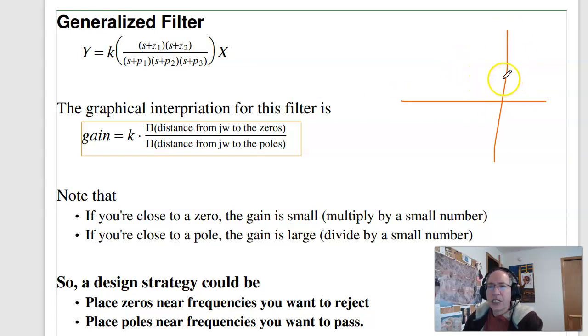I can scatter zeros over here and their conjugates. I can scatter poles around. When I'm close to a pole, the gain is large. When I'm close to a zero, the gain is small. So you place zeros at frequencies you want to block, and place poles at frequencies you want to amplify or pass. That's kind of the generalized strategy for designing filters.